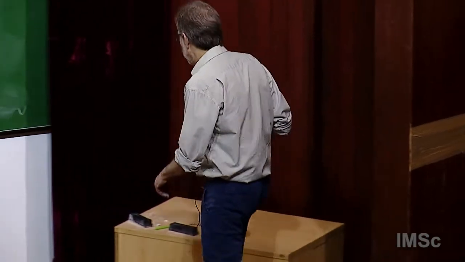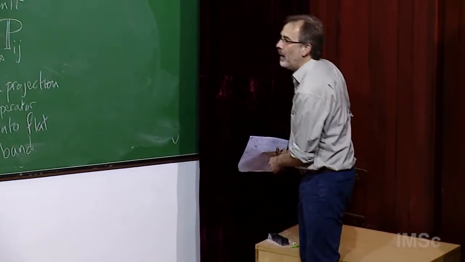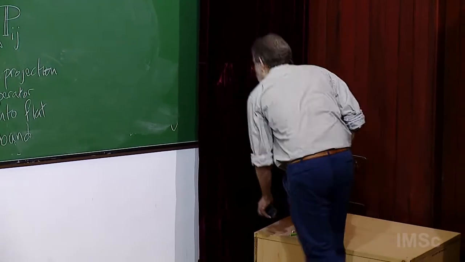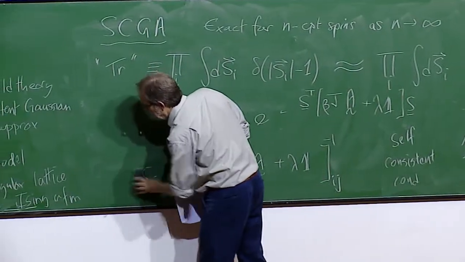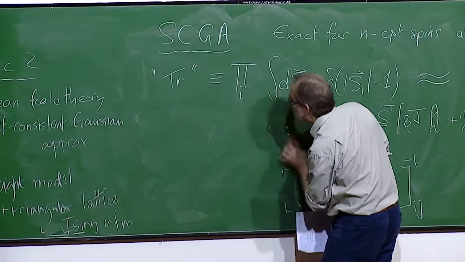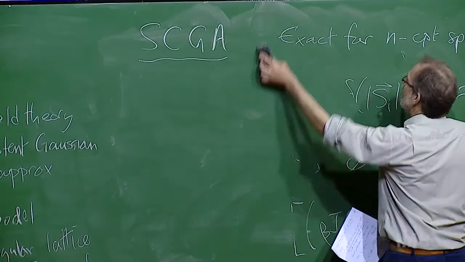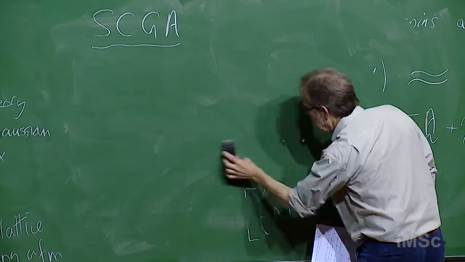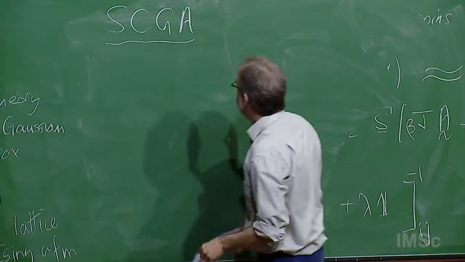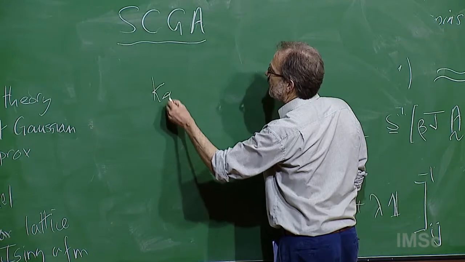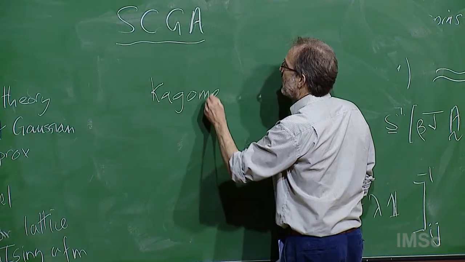I guess one final point to make, I had a picture before of the eigenvalues on the Kagome lattice, which shows the same kind of behavior as a lot of other lattices.